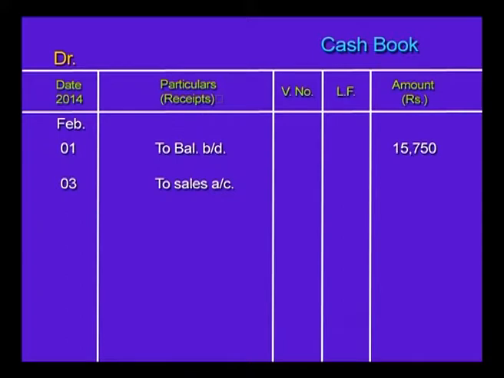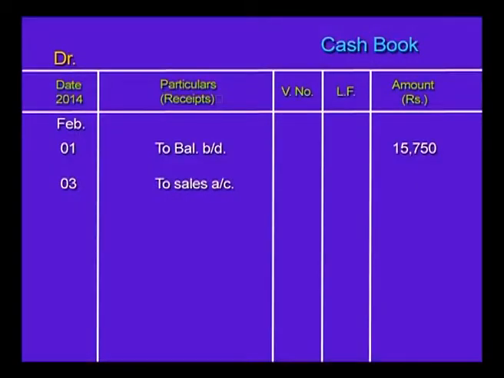It is mentioned to sales account. Now, recall, during journalizing we have understood that if we sell goods for cash, the name of the party is not important, it is cash sales for us. So, Betala and Sons is not important, to sales has been mentioned in the particulars column, and the amount of sales, that is rupees 25,450 received by you, is mentioned in the amount column.